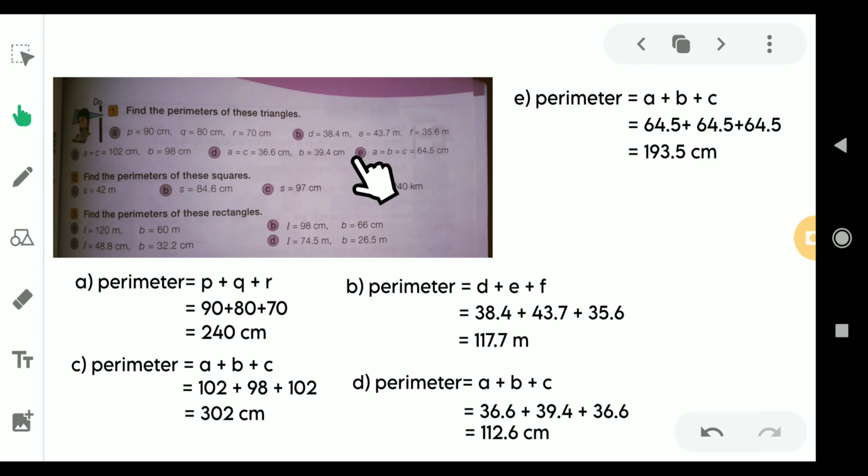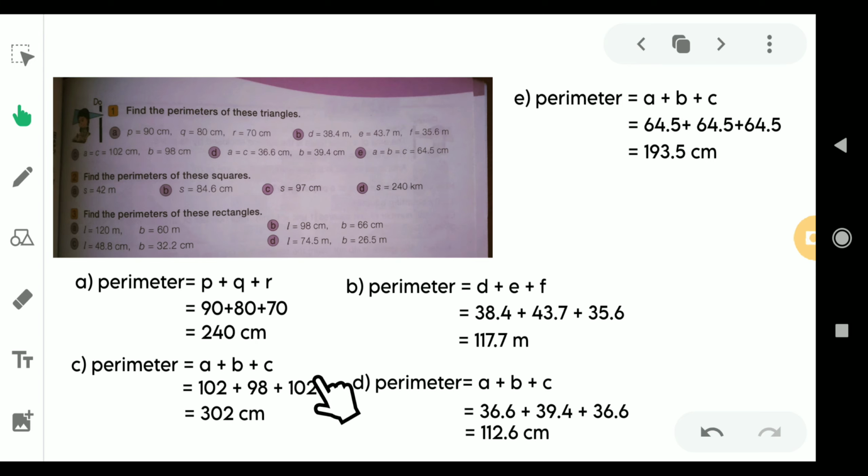To find the perimeter of this triangle, we add D plus E plus F: 38.4, 43.7 and 35.6 meters. When you add all these three sides, it would be 117.7 meters. This is the perimeter of the second triangle.